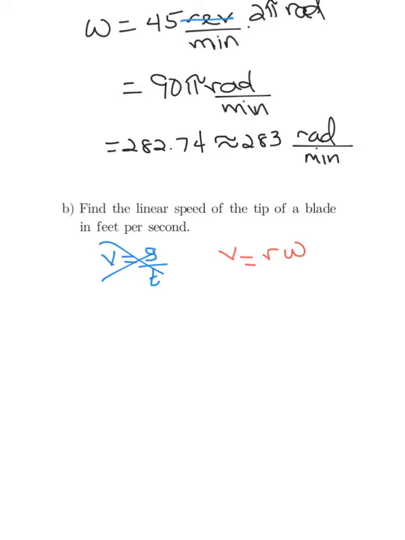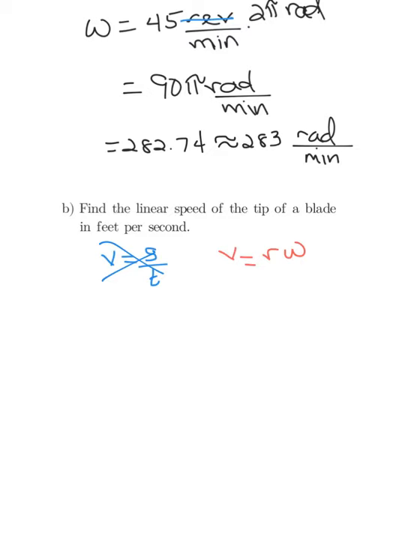If we look at V equals R omega, we need a radius. Well, we were told very specifically that the radius is 14 inches. And we just found omega in part A. So we are going to use the V equals R omega version of this formula.